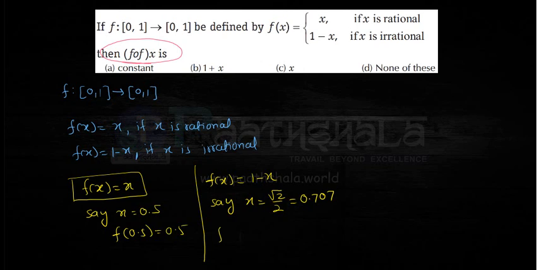So f of root 2 by 2 is 1 minus 0.707, which is approximately 0.293. So here we are getting the complement with respect to 1 when x is irrational.